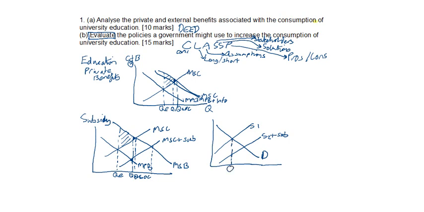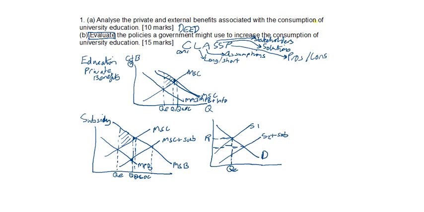QE and P1, and then because of this we got a new equilibrium point and a new price for customers. Sorry, bear with me, the pen's playing up.